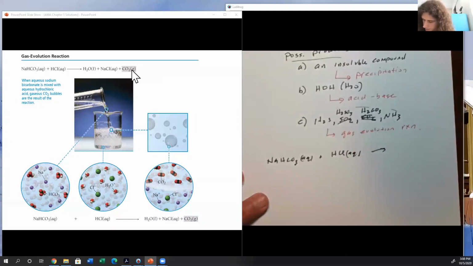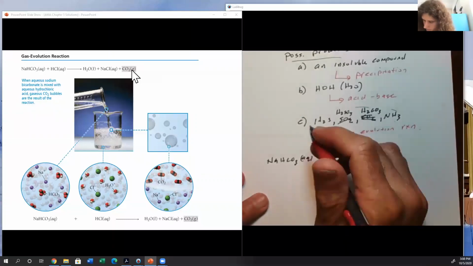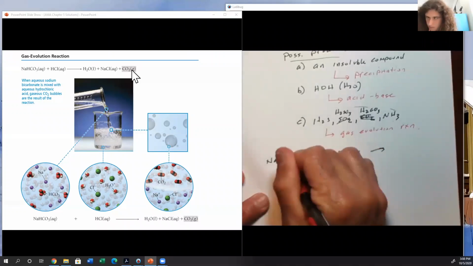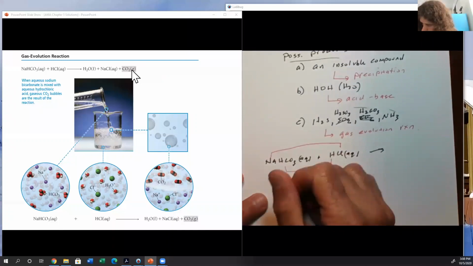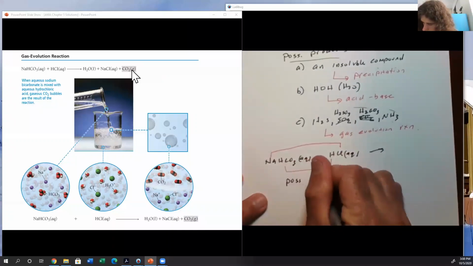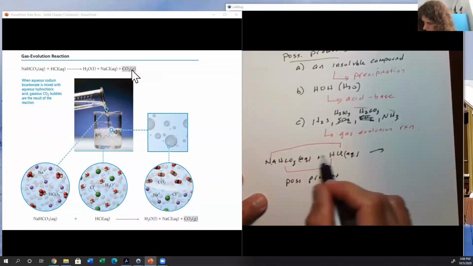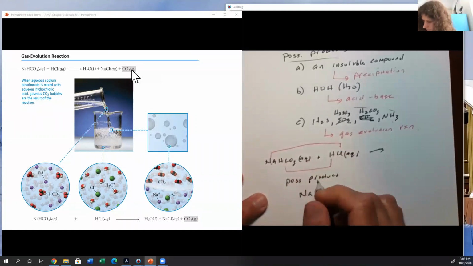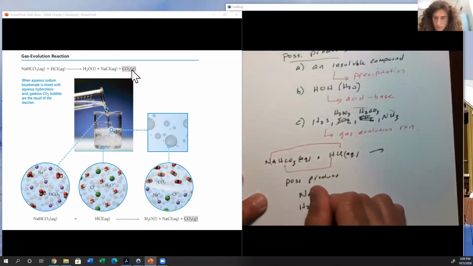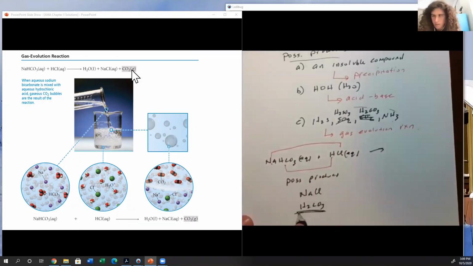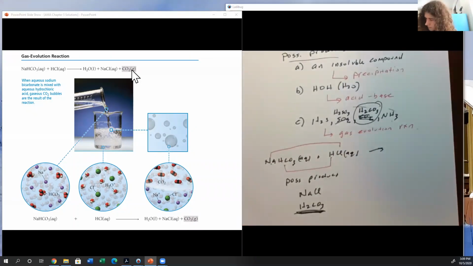Now notice when I look at my possible products, they are NaCl and H2CO3. When I see that H2CO3, I go, that's one of these four, so I know I have a gas evolution reaction.